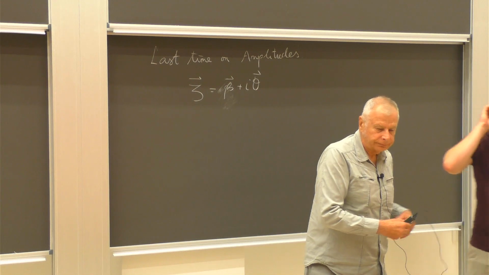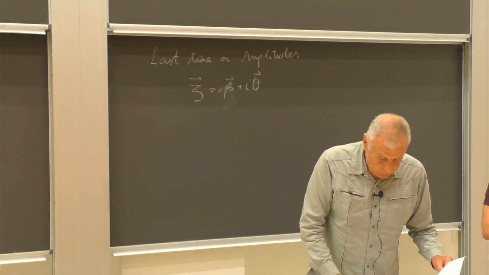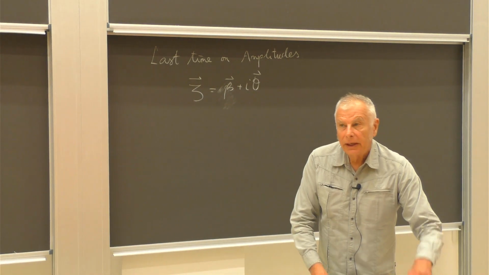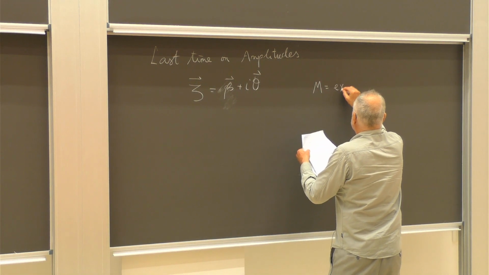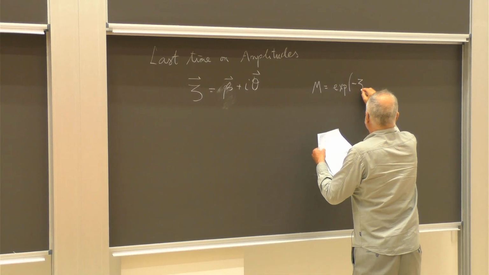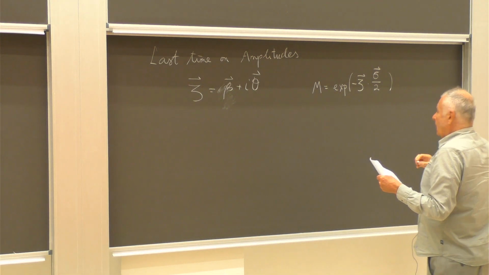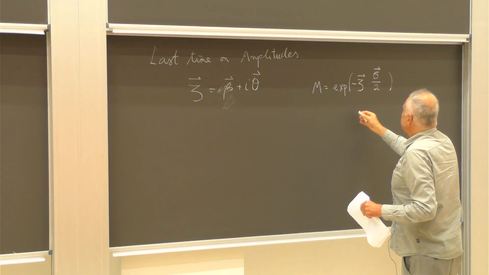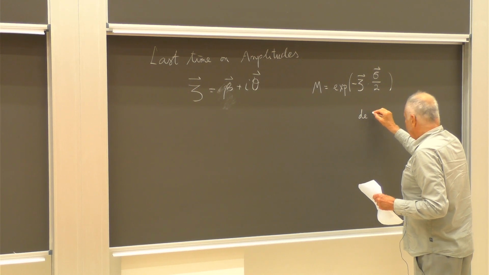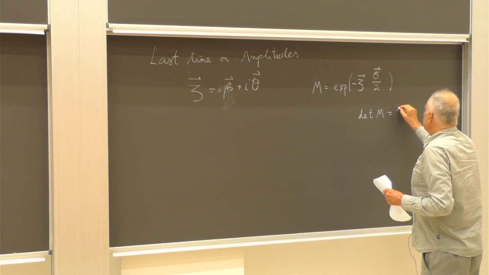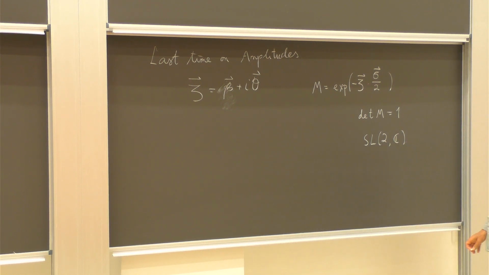Okay, and then I explained that Lorentz transformations can be represented by 2 by 2 matrices. These matrices are 2 by 2 and have determinant equal to 1, so they are SL2C matrices.